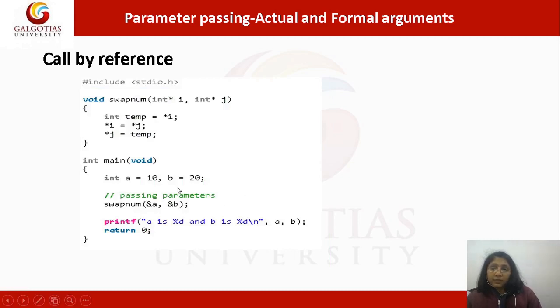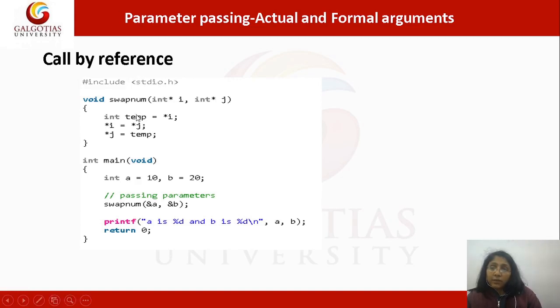Another example: as you have seen, in main we are taking two variables, a is 10 and b is 20. In the function, instead of passing the values, we are passing the addresses. In the called function, we take a temp variable and store in it the value at location i, that is star i, and we do the swapping.